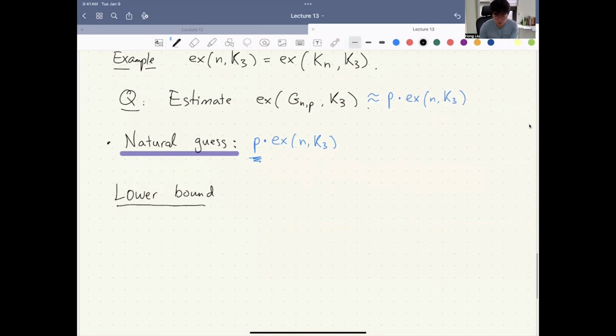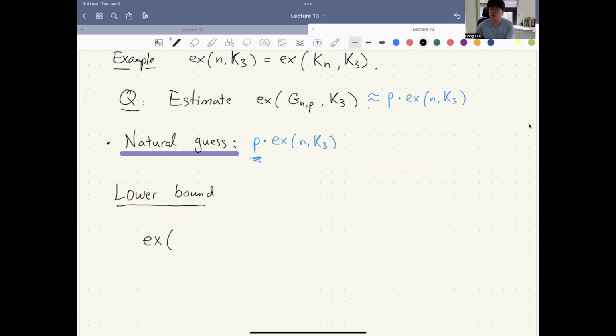So for the lower bound, we will prove something more deterministic.